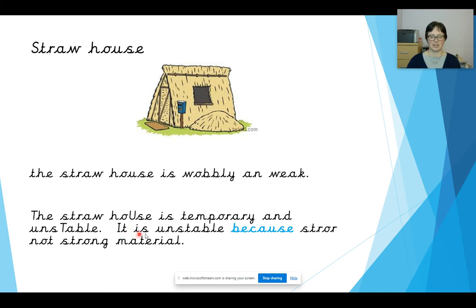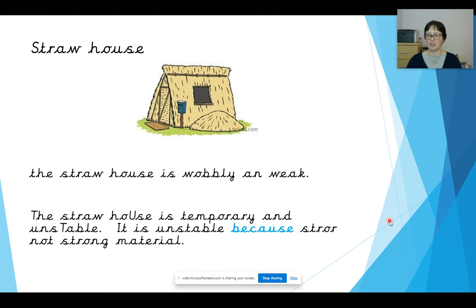Let's check this sentence. It is unstable because, remember how we spell because? Straw, look at the correct spelling here, straw. So that one we can correct.